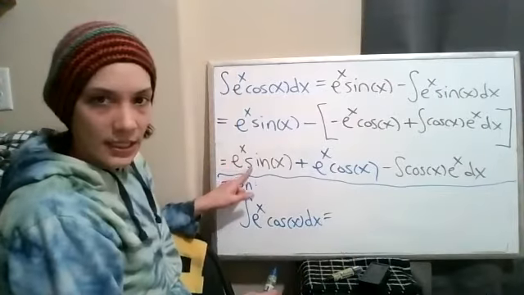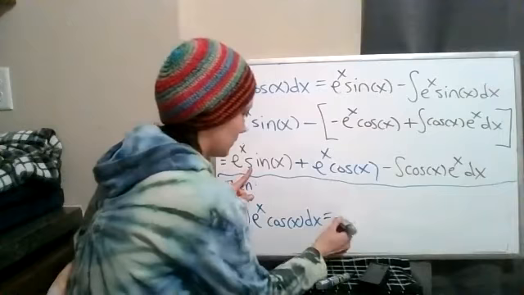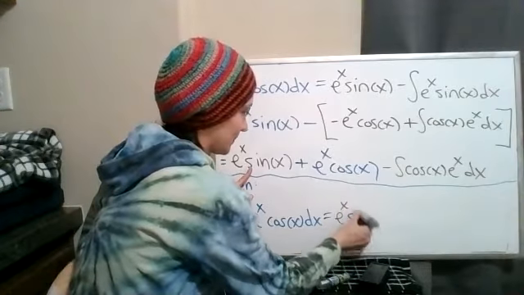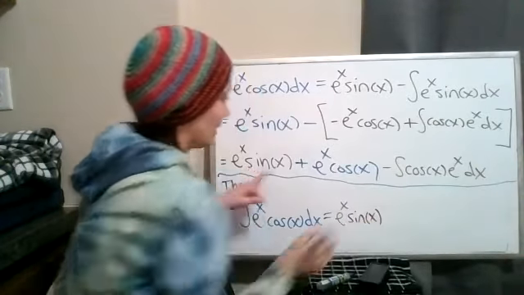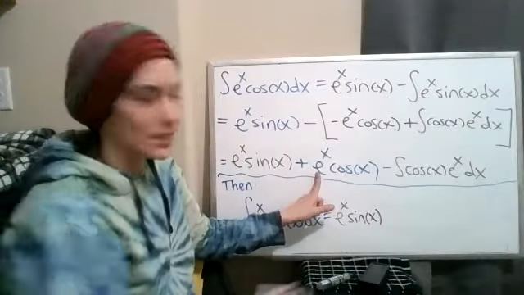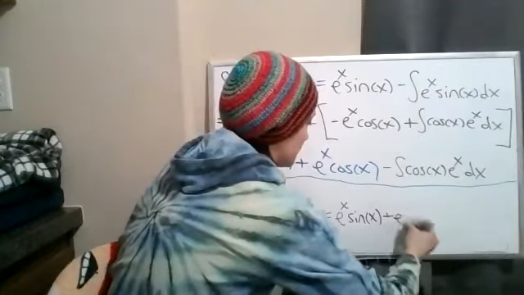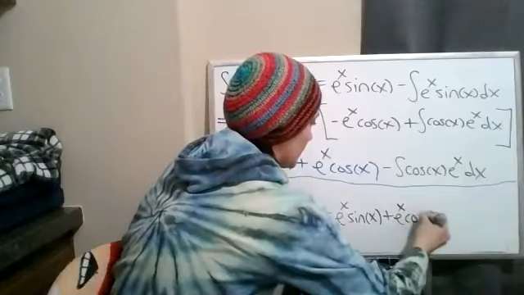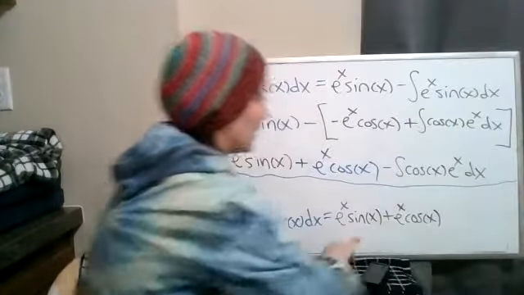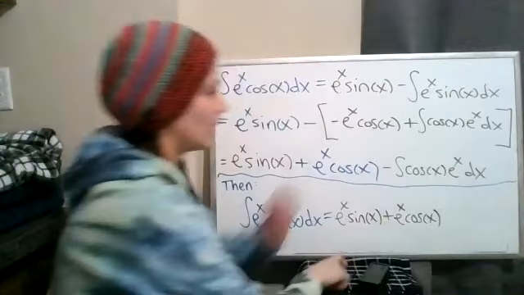It's equal to e to the x sine of x, add e to the x cosine of x, and then minus cosine x e to the x dx, which matches that first part.